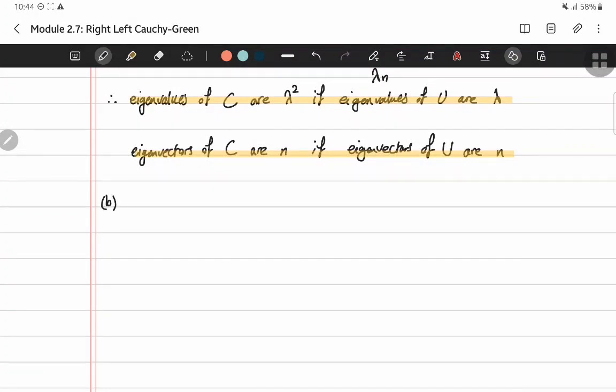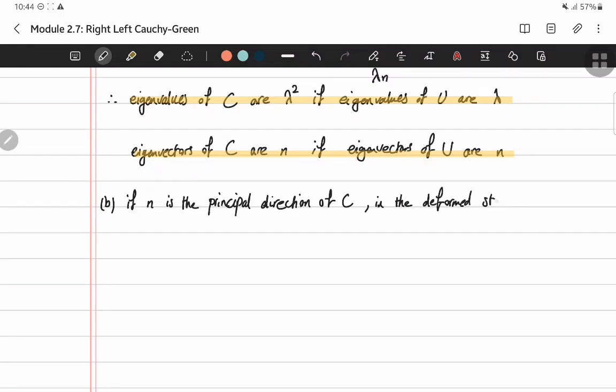All right, so part B says that if n is a principal direction of C, then in the deformed state, an element is in the direction of Rn.